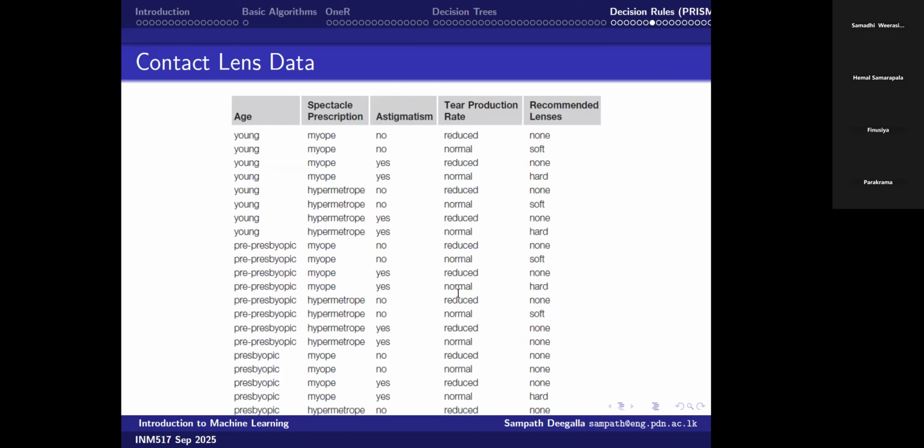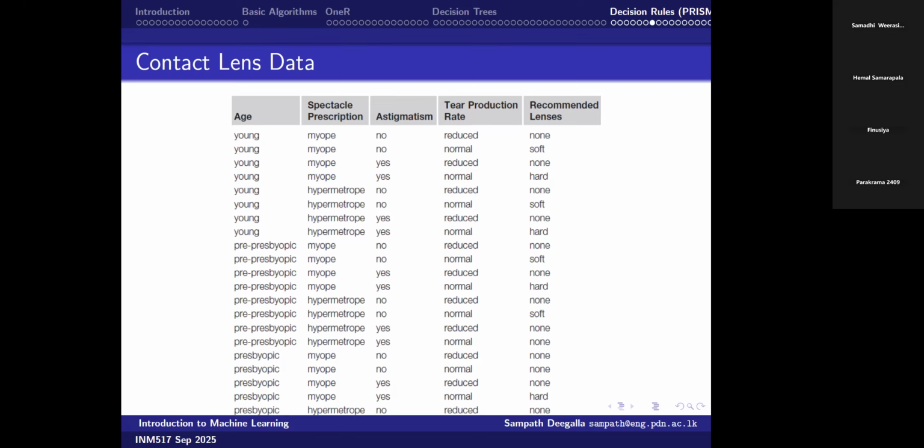Right. Now let me do a small example based on a data set. Let me explain the covering algorithm with the contact lens data. But before we start, let me briefly explain the data set.